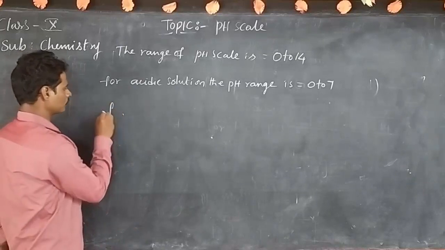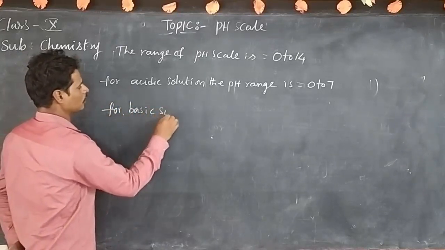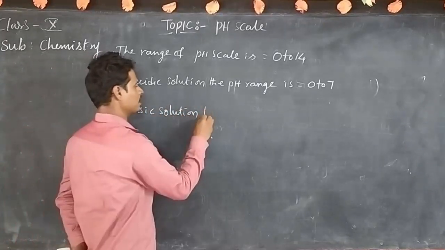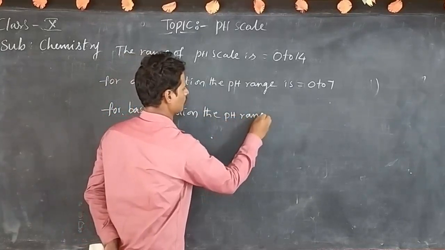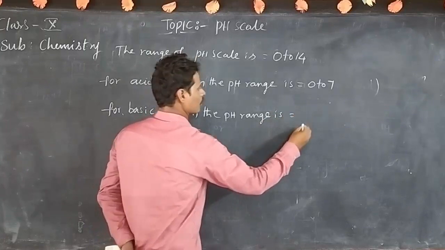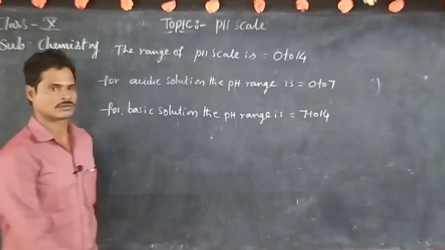Next, for basic solutions, the pH range is 7 to 14.